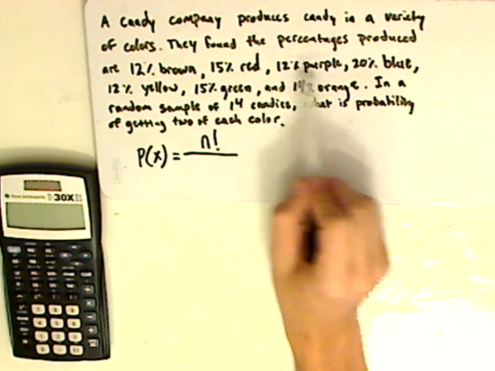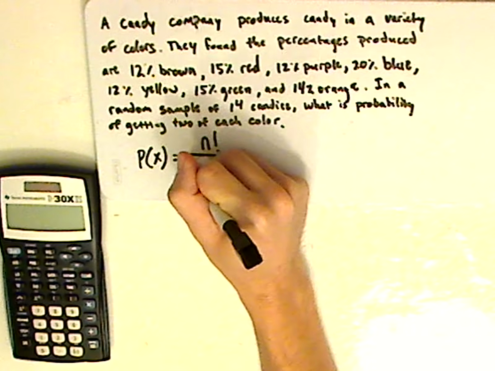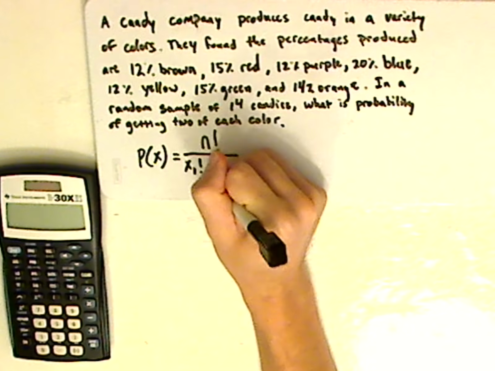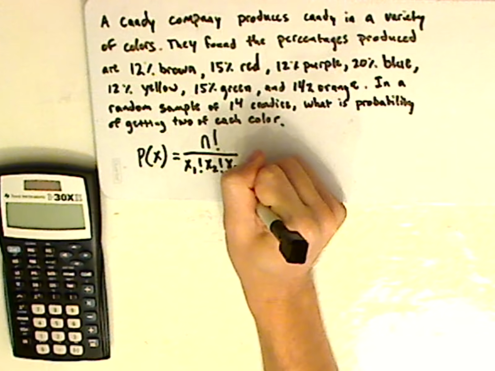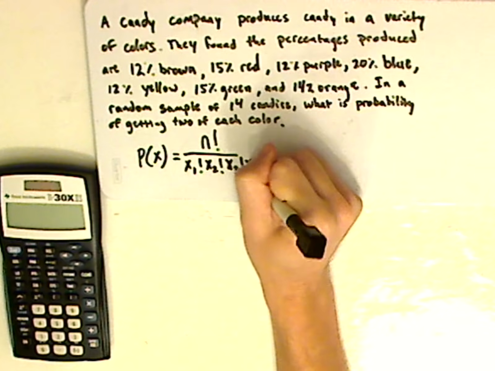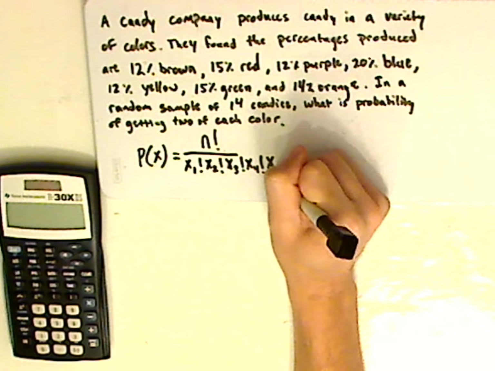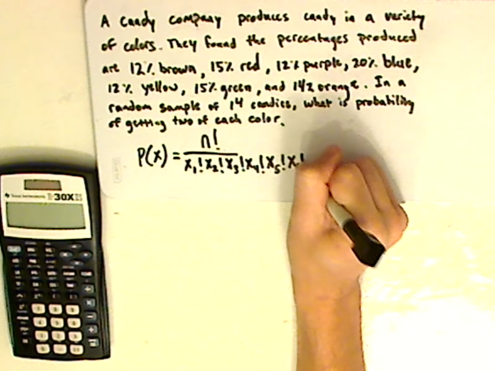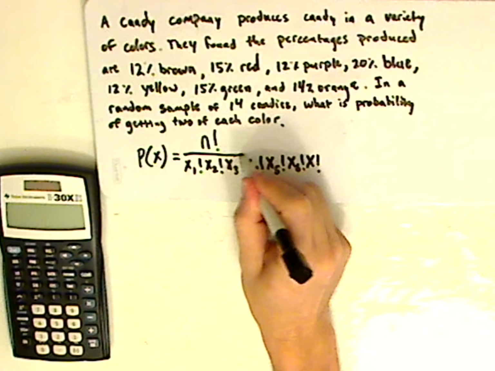So it's 1, 2, 3, 4, 5, 6, 7. So you're going to need 7 of these: x1 factorial, x2 factorial, x3 factorial, x4 factorial, x5 factorial, x6 factorial, x7 factorial.